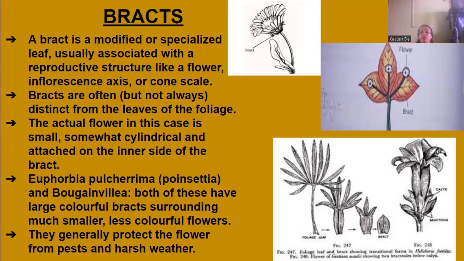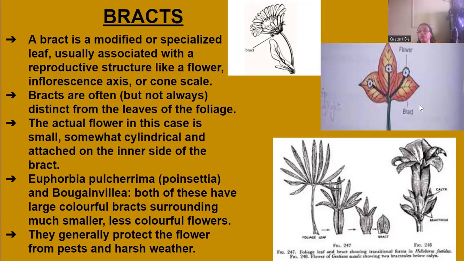So those leaves and the bracts can be easily distinguished, but sometimes not always. The actual flower in this case becomes small, somewhat cylindrical, and attached on the inner side of the bract, like this. See, this is the picture.